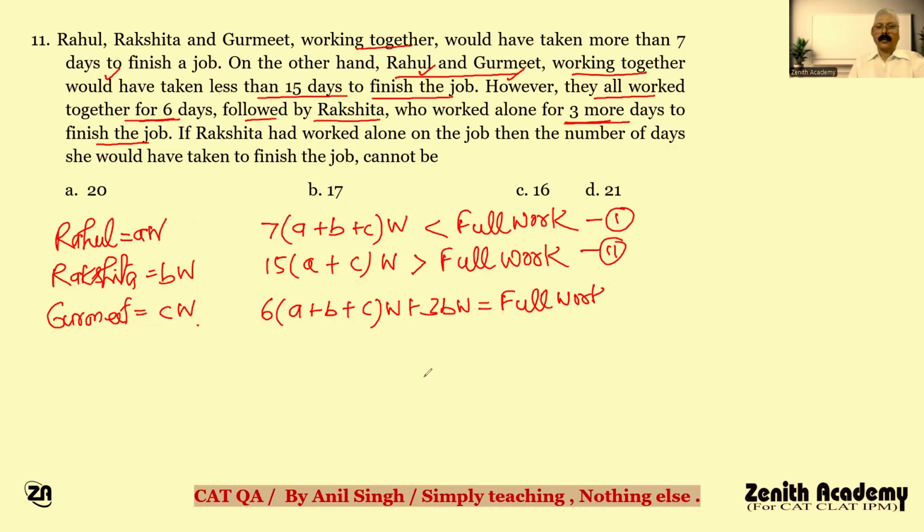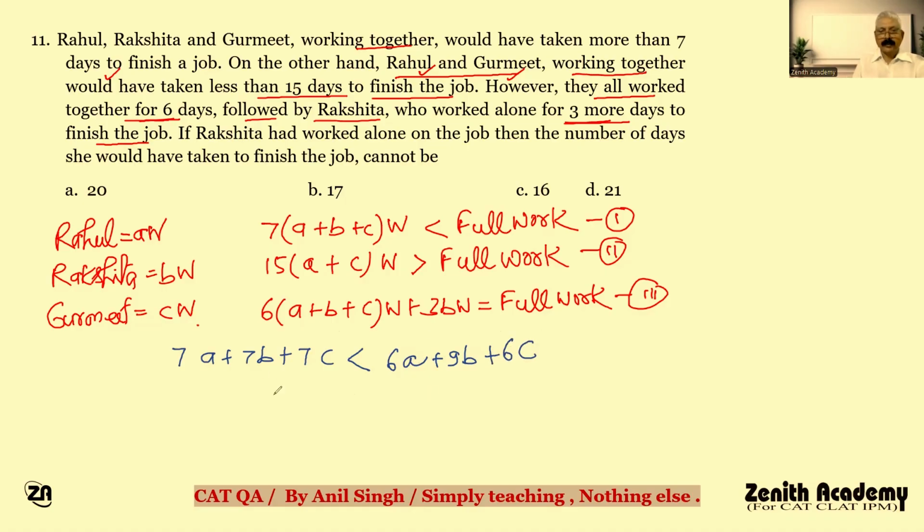Correct? So now, from equation number 1 and this equation number 3, you can say 7A plus 7B plus 7C is less than 6A plus 6B plus 3B, which is 9B, plus 6C.